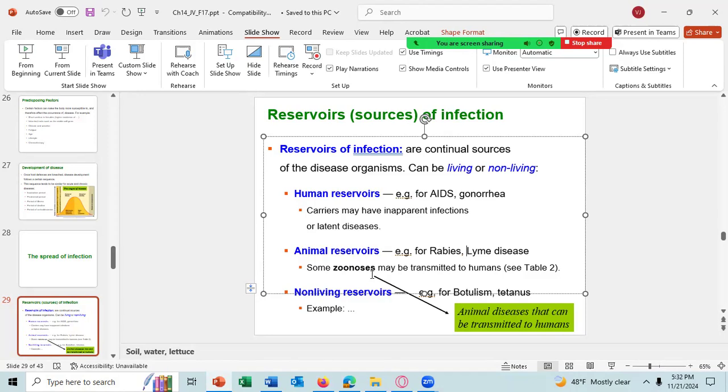Some zoonoses may be transmitted to humans. A zoonosis is an animal disease that can be transmitted to humans. I think one would be rabies. That's really an animal disease. If you don't know, the rabies virus gets in the saliva of at least most animals, if not all animals.